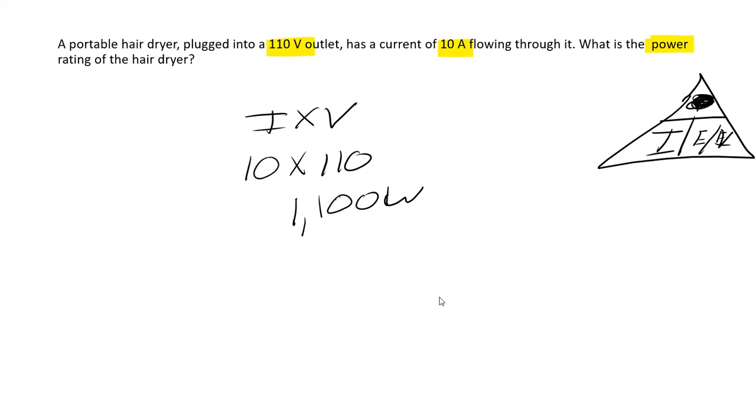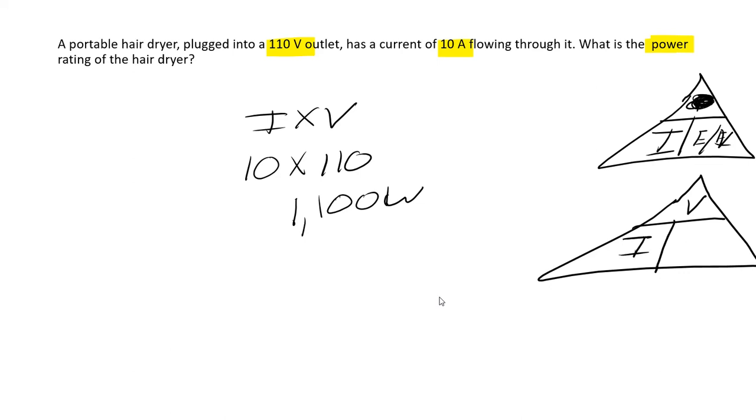Now, you know what? I'm curious. Could I figure out what the resistance of that portable hairdryer is? How many ohms is that portable hairdryer? Of course I can. Draw my triangle. I got V at the top. I, R, right? So I'm looking for resistance. I'm going to put my finger over the R. That gives me volts divided by amps.